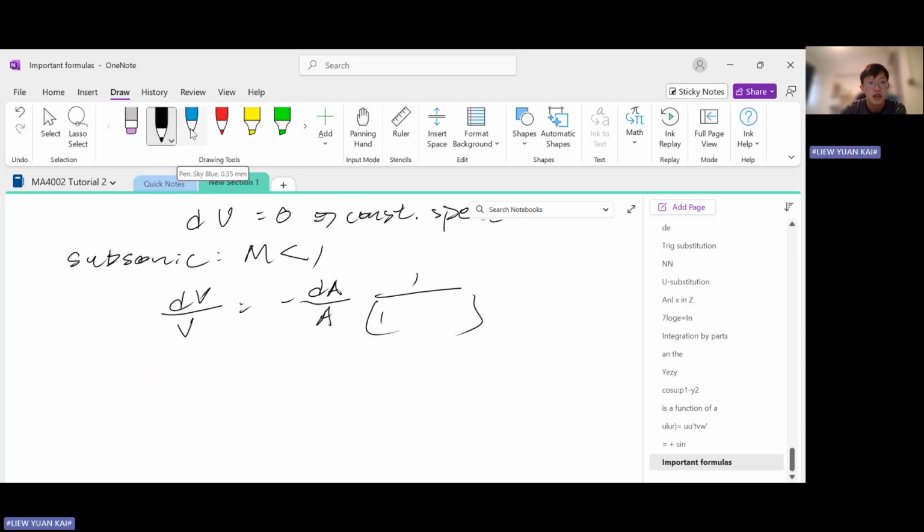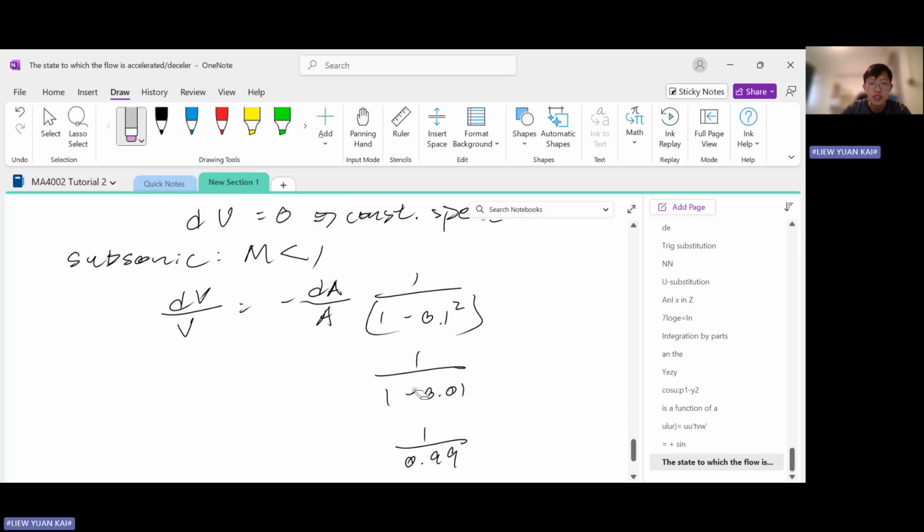Just as an example, let's say this is 0.1 squared, right? Then this will be 1 minus 0.01, which is 1 over 0.99, right?